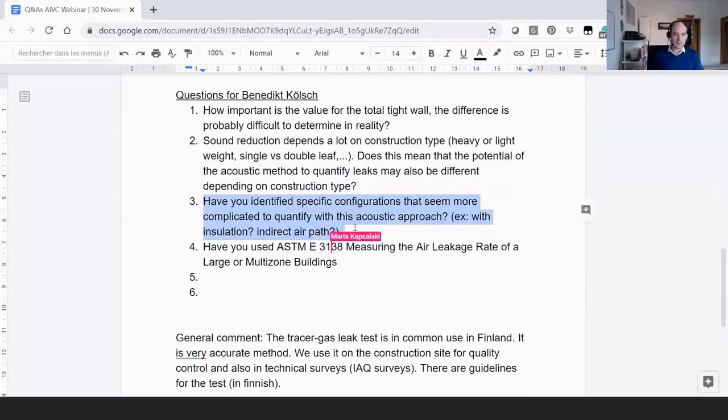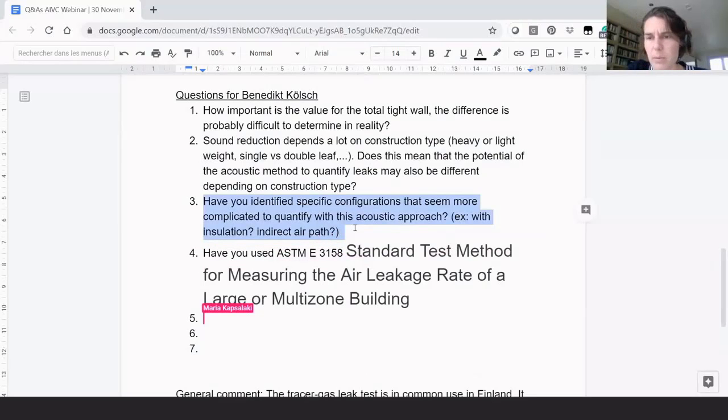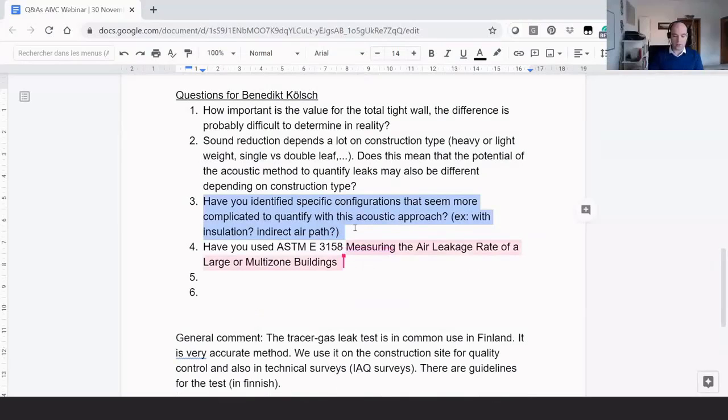Have you checked the N coefficient, the airflow coefficients, when you did the measurements? Of course we determined these coefficients as well. And have you seen a correlation between the N coefficient and the difficulty to quantify with the acoustic approach? Not yet, but that's a good point to do in the future.